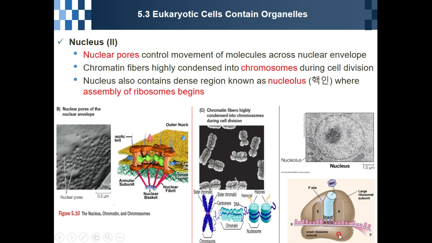When DNA is transcribed, they make RNA there, and the large subunit and small subunit of the ribosome are assembled together. So in this dense, dark region, there are lots of RNA and ribosomes located here. Okay?